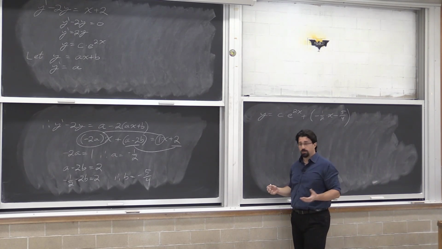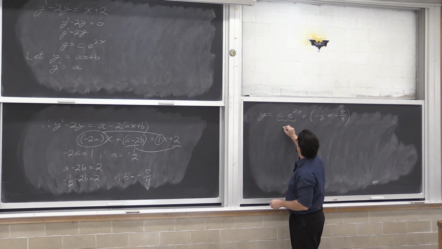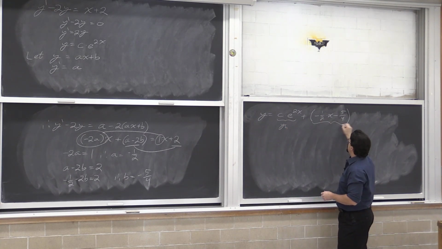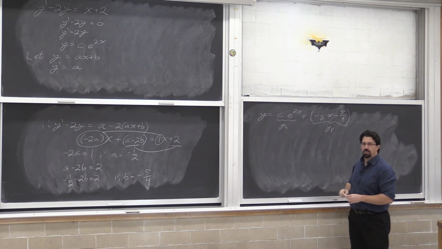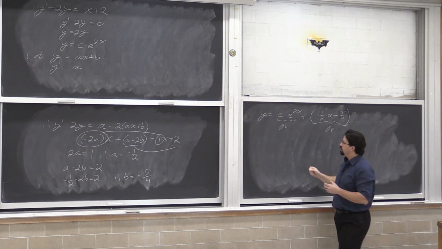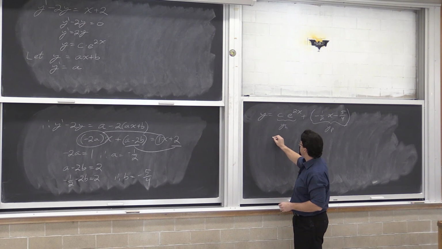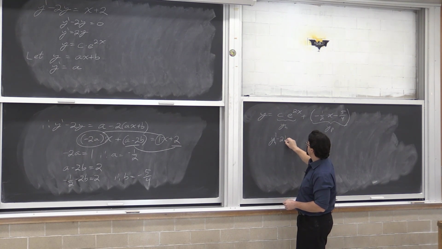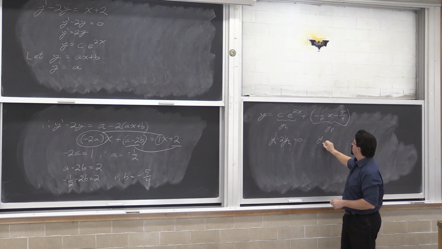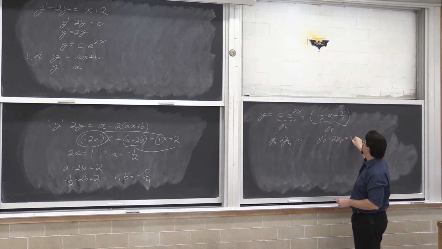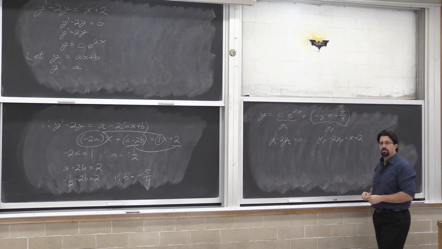And so in general, we refer to this part of it as the homogeneous part, and this as the particular part. And the way that they're defined is that yh prime minus 2 times yh is equal to 0. The particular solution, when I plug that in, I'm going to get x plus 2.